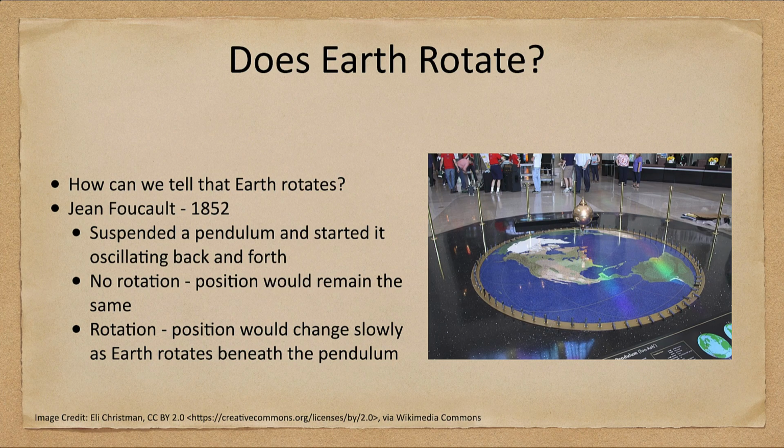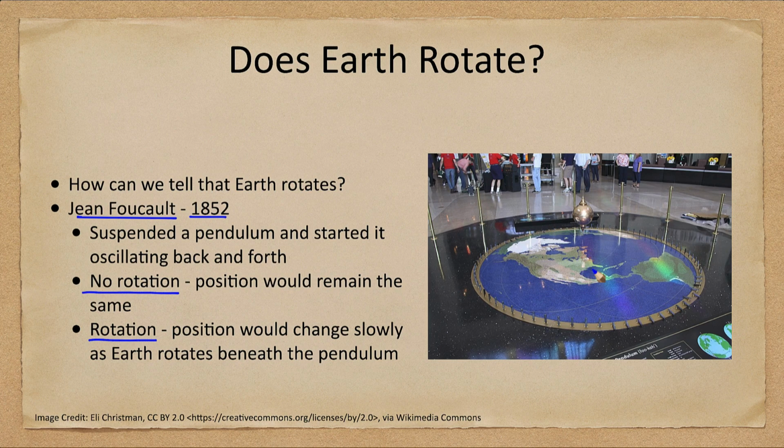However, Jean Foucault gave us a pendulum in 1852, with the bob at the bottom and the string going all the way up into the ceiling, and you could oscillate it back and forth. And here's a scientific method to look at. It makes a prediction. If the Earth is rotating, the position will slowly change as Earth rotates beneath the pendulum.